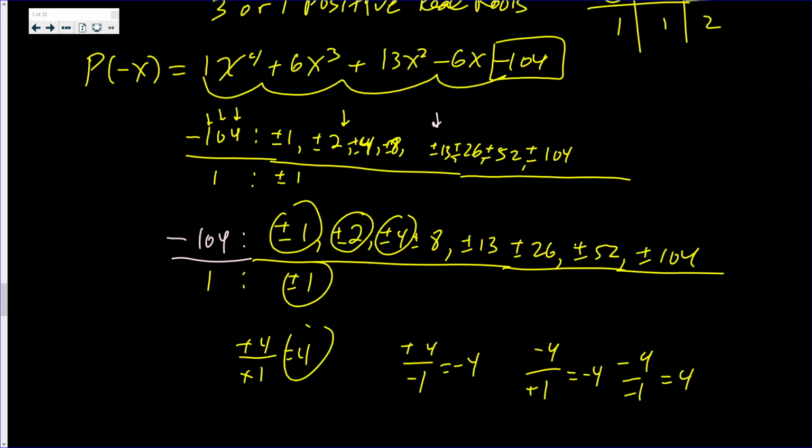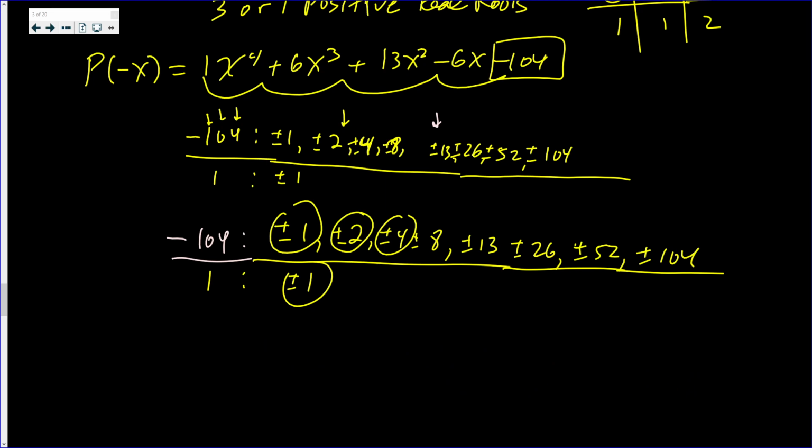That is, you only get back plus minus 4. So when we divide all the top numbers by all the bottom numbers, we end up with 16 different possible rational roots.